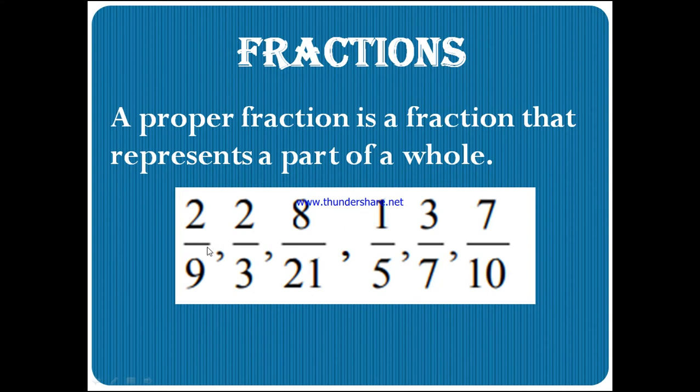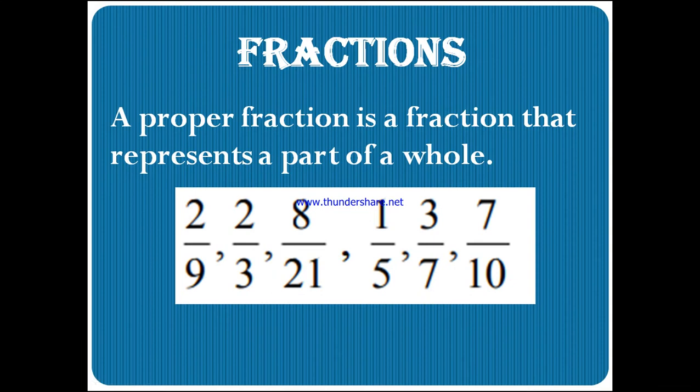So the denominator 9 represents the total number of equal parts. For example, if you take a pizza, that is one full pizza, and you are making it into 9 equal parts, the word equal is very essential. 9 equal parts, that is the denominator.